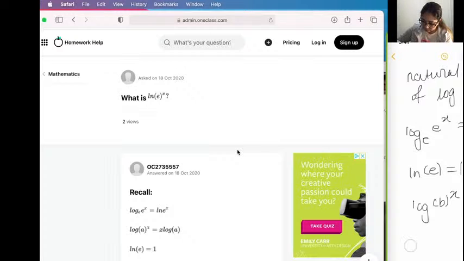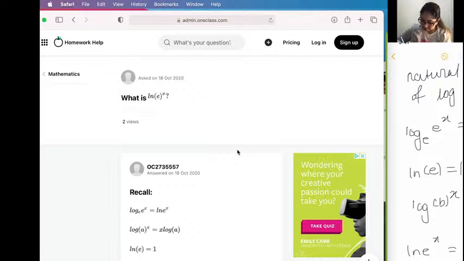So we can do ln e to the power of x equals, and since we have ln here, we can bring the x down. So we basically have x ln e.